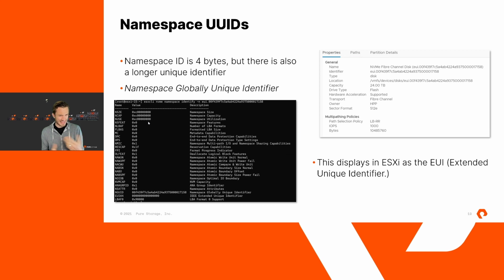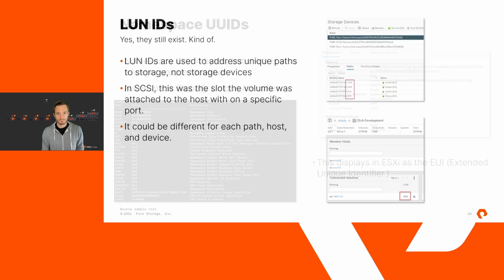It looks very similar to an NAA or something like that you're used to with SCSI, but you'll notice this is identified via the EUI in the vSphere client, and this combines the organizational unique identifier of the vendor. It includes the identifier of the array, and then of course the specific identifier of that storage object that the array uses. Every vendor is probably going to format this slightly differently, so certainly talk to your vendor, but this is specifically what it is, the unique identifier for that namespace globally.